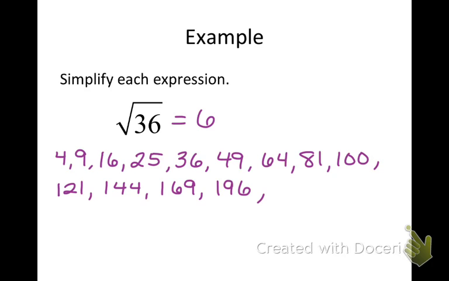So now we're at 15 squared. 225. 256. All right, that's all I have memorized up to. I probably can figure it out. So at least make this list in your notes so you can reference it quickly. So these are your perfect squares.